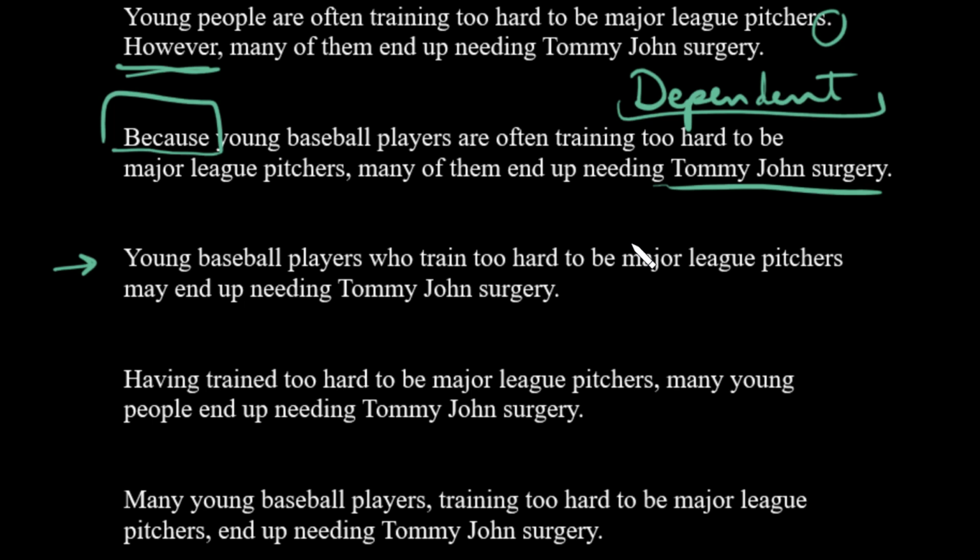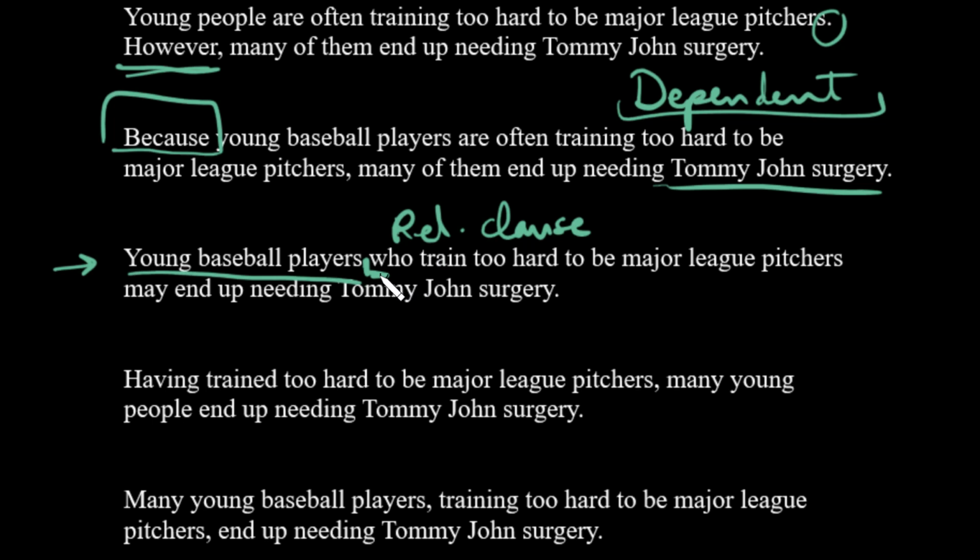Okay? The other thing we can do is stick some of this information that's turned into a dependent clause a little bit later in our sentence. What we've done here is we have young baseball players, that's our subject here, and then we have a relative clause that introduces a new subject with who. A relative clause is just one kind of dependent clause.